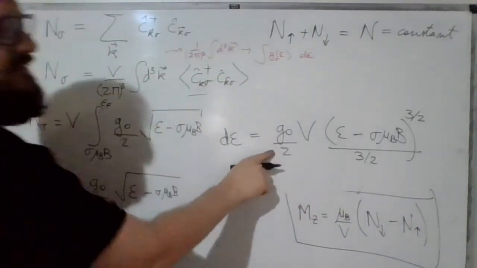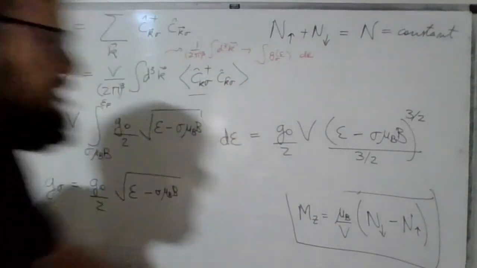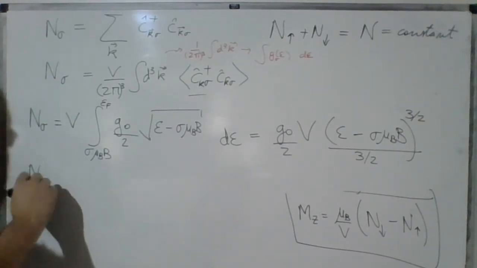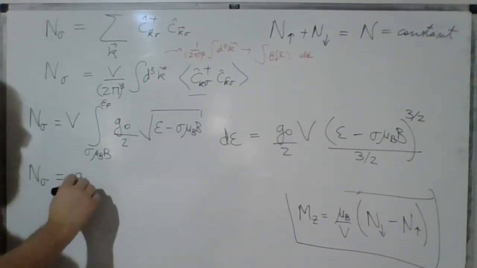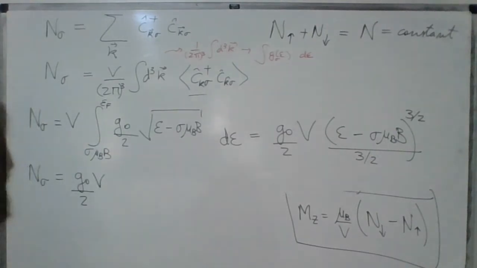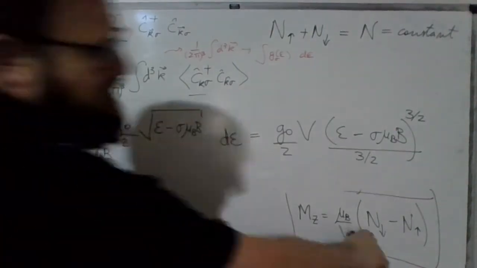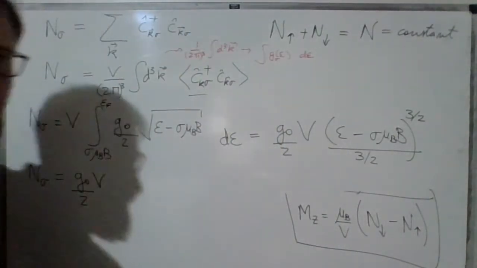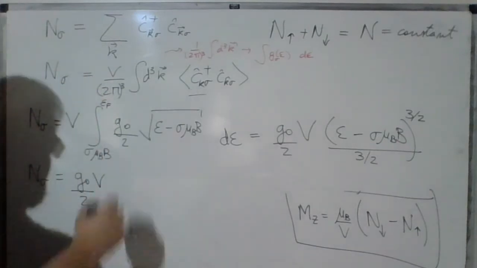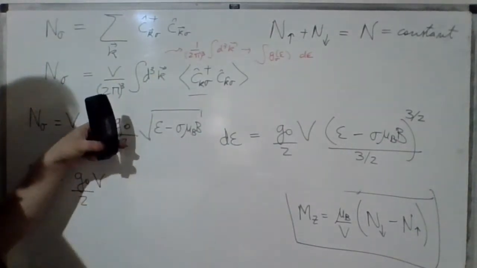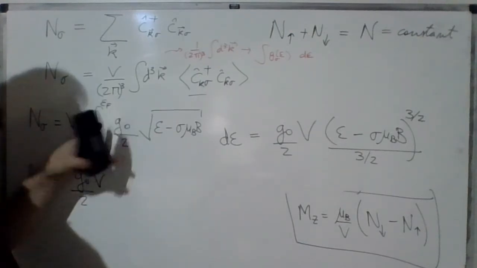So this factor of 2 cancels out in the end, and therefore we will have n sigma equal to G0 over 2 times the volume of your sample. Notice that we need to divide the total number by volume, so this volume here will go out of the final result. And in the end, we need to replace the limits.